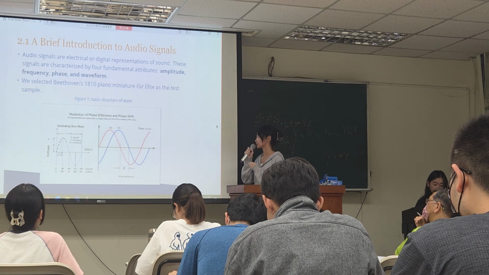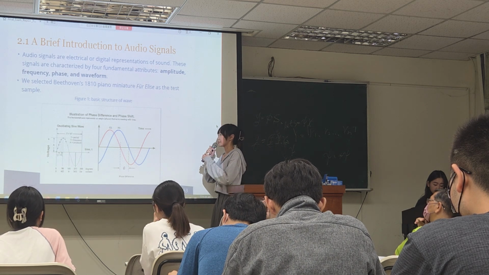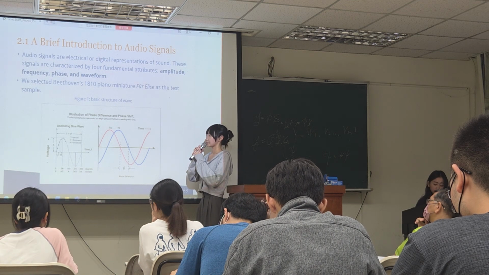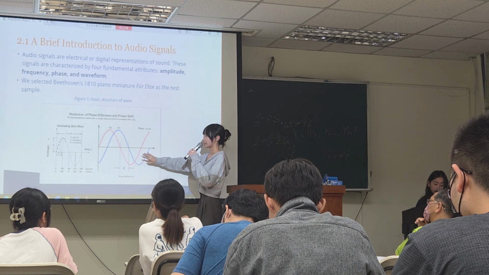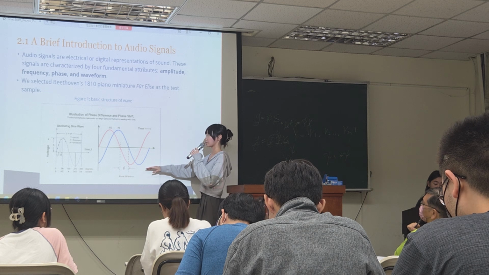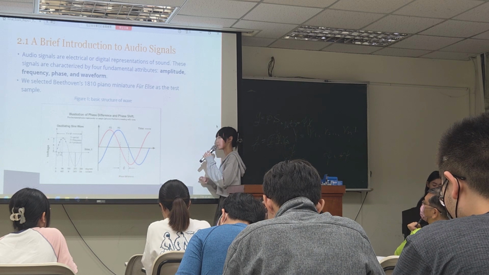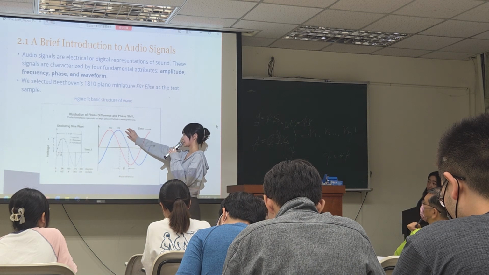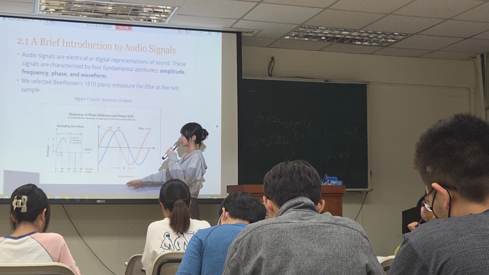Amplitude determines the volume, and frequency, measured in hertz, determines the period of the wave. The phase is the time shift of the wave, and the waveform determines the timbre. Like in this picture, the O1 wave and P3 wave have different phase.